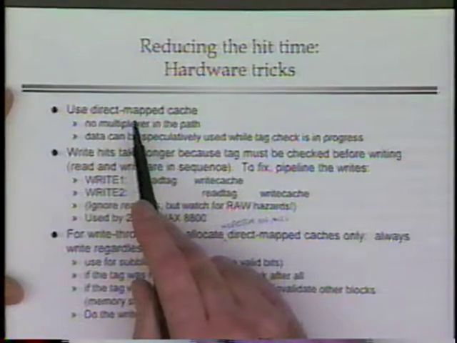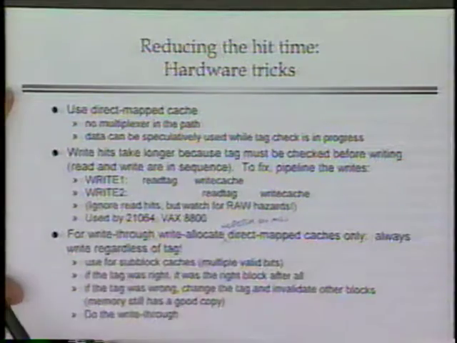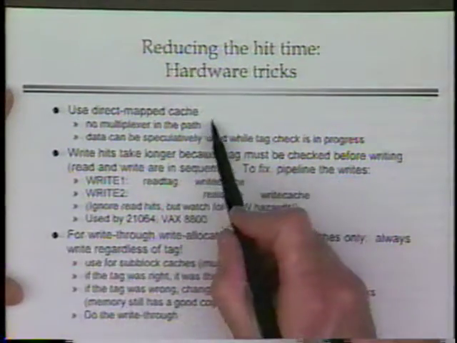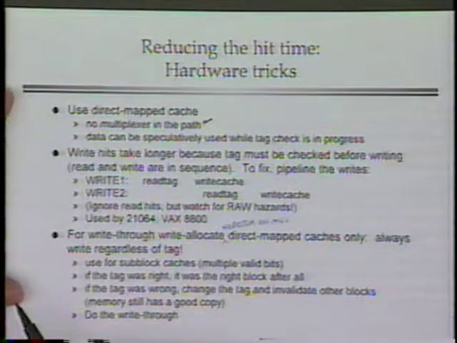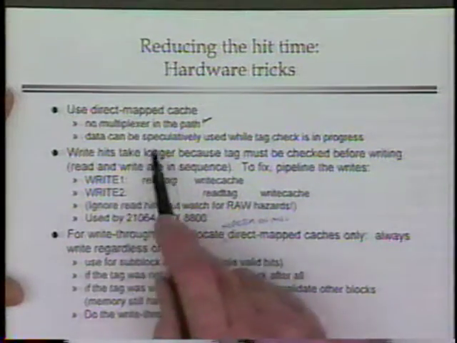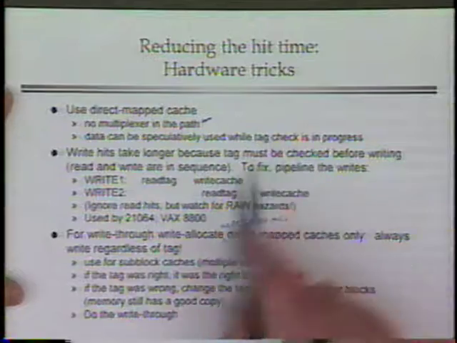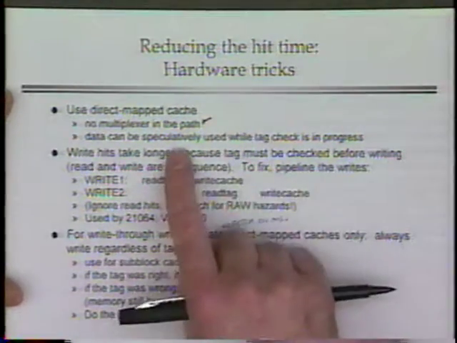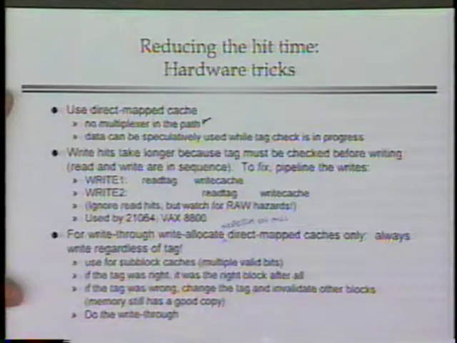A couple of other things for reducing hit time, more hardware tricks. One we talked about is to use a direct mapped cache instead of an associative cache, either fully or partly associative, because there's no multiplexer in the path, and because you can use the data speculatively while you're later on checking the tags. If it's a hit, you know exactly which data it is.